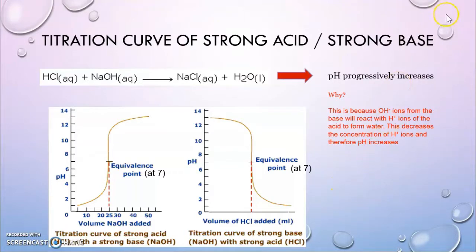A strong acid and a strong base example is being shown in this slide. The example of strong acid that is being used in this example is hydrochloric acid, and the example of strong base is sodium hydroxide.